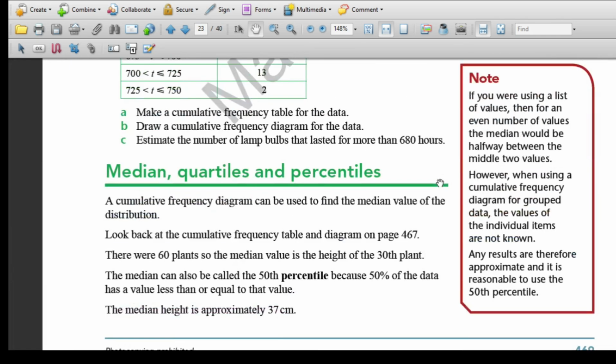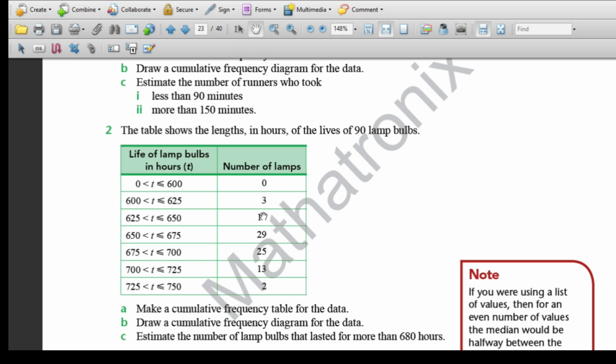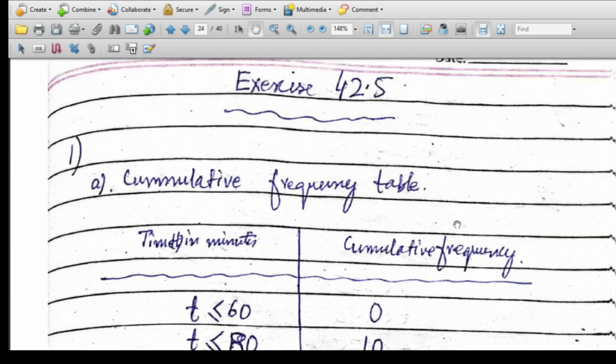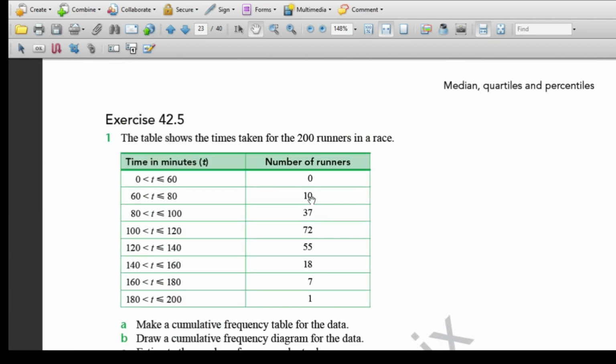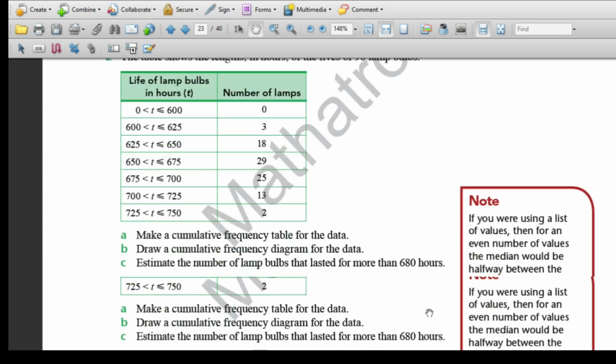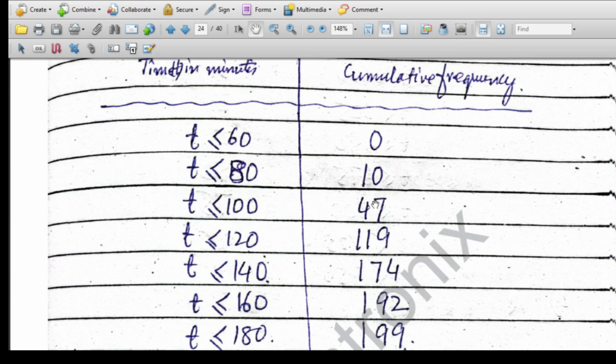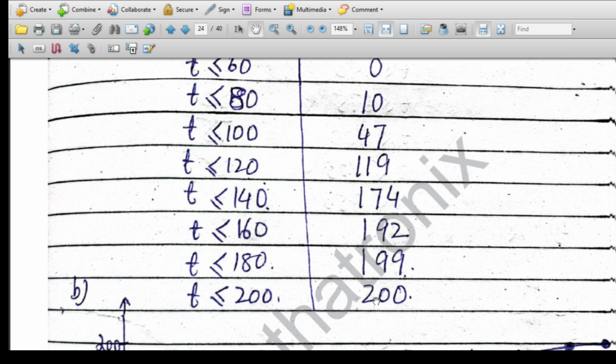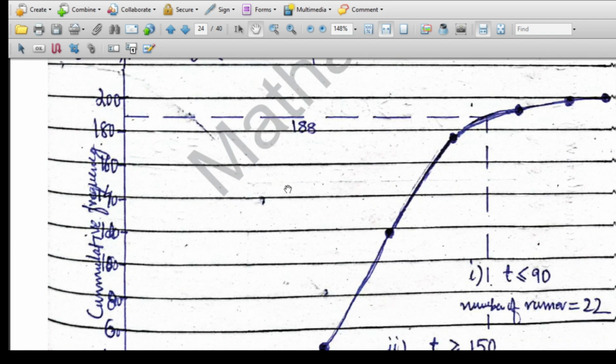So we add all frequencies: 0, then 10, then plus 37 is 47, then 47 plus 72 is 119, and adding the next one becomes 174. Similarly, the cumulative frequency eventually reaches the value 200.